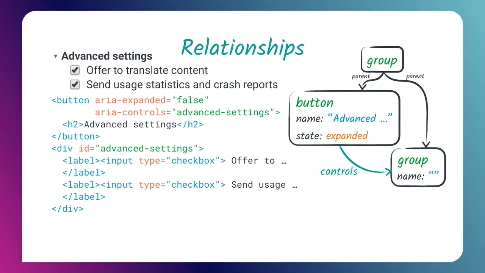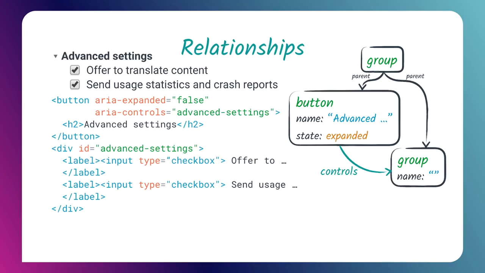ARIA can also express semantic relationships between elements, which go beyond standard DOM parent-child and sibling relationships. For example, a more complex relationship is something like this element controls that element over there, even if they're not direct parent and child. In this case, I've got a button which controls whether a particular part of the page is visible or hidden, in the form of a disclosure widget.